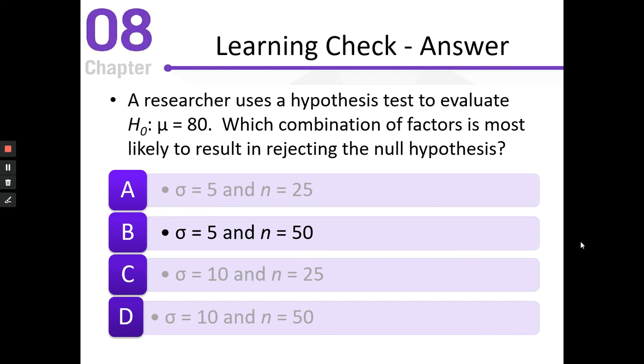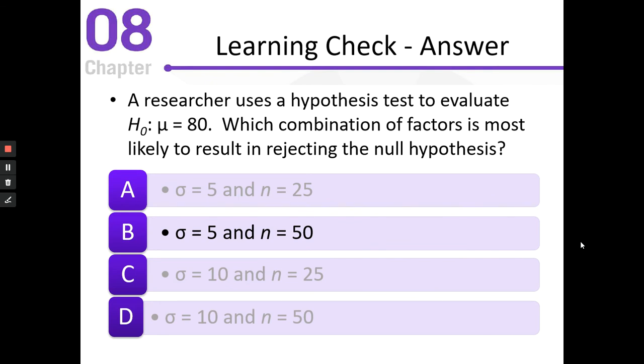And then remember sample size, n. The more pieces of information we have to make our predictions, the more confidence we have in making our conclusions. So we're more likely to be confident in saying there's an effect if we have more pieces of information to base our guesses on, our probability statements on. And remember mathematically that as n increases, it decreases the denominator, the bottom part of the formula.